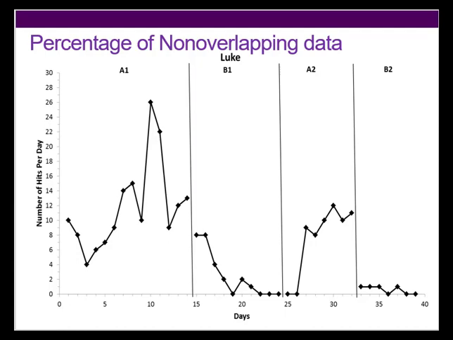Our comparisons then between A2 and B2 show an abrupt level change, stability at a low level, but there's a low PND because all of the data points in phase B2 overlap with the data points in A2. Overall, there is not a strong functional relation in this display.